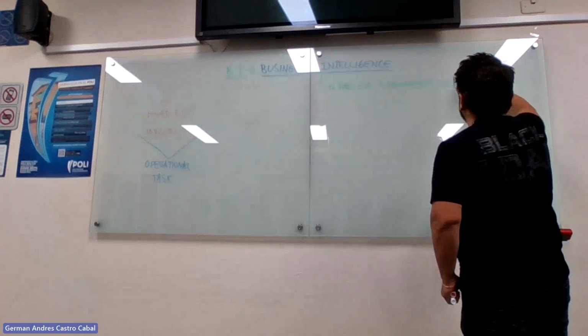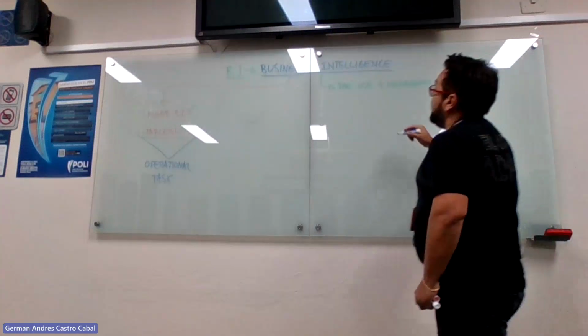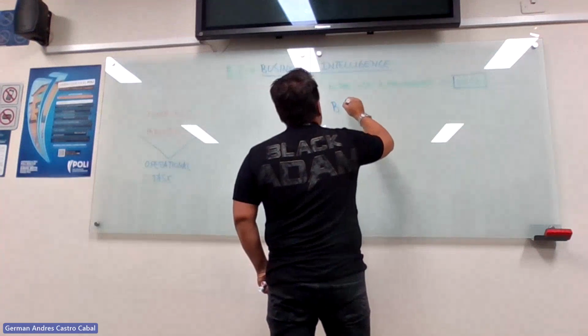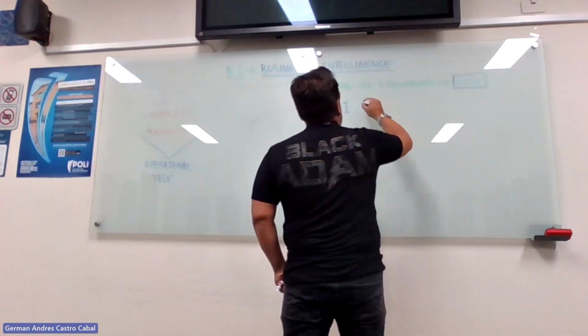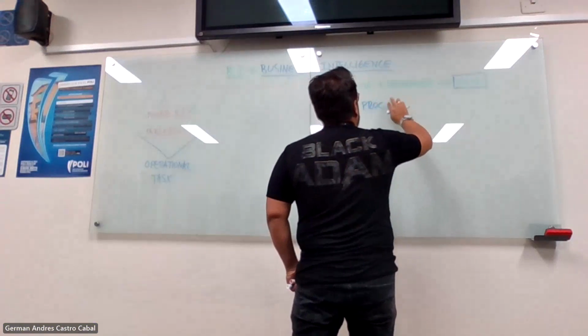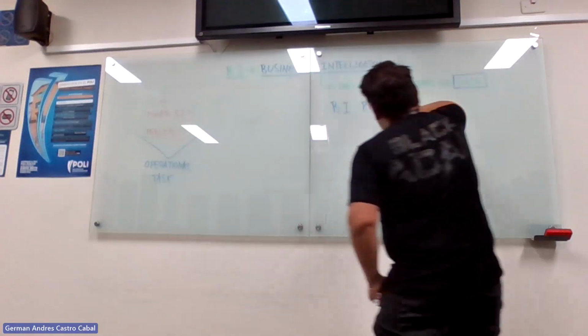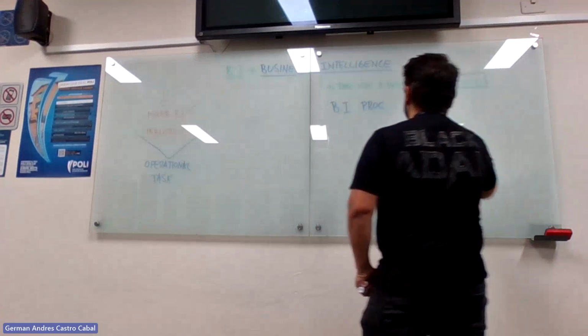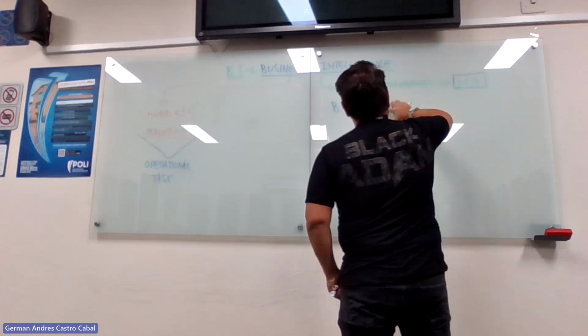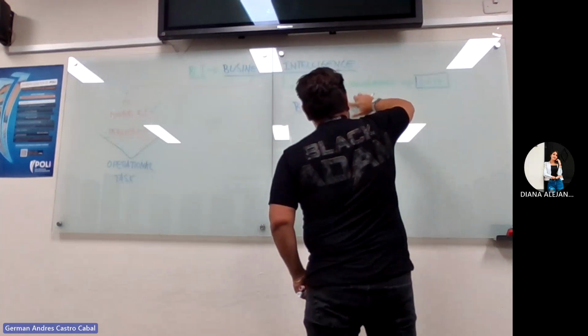So let's start defining something called the BI process, or business intelligence process. This process has 6 different steps.